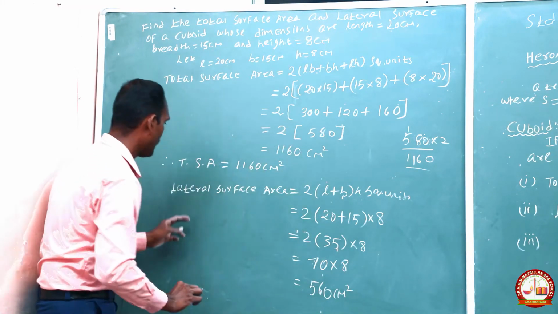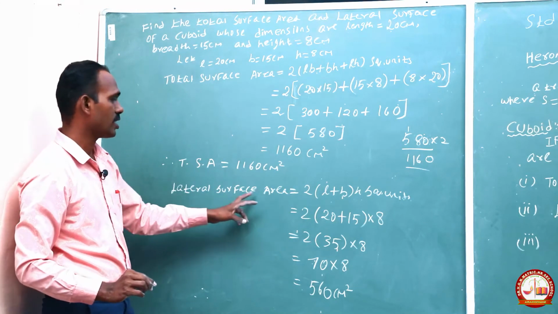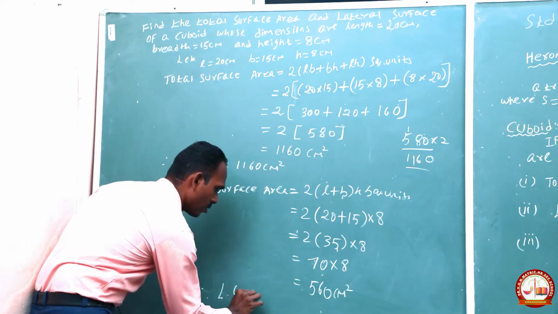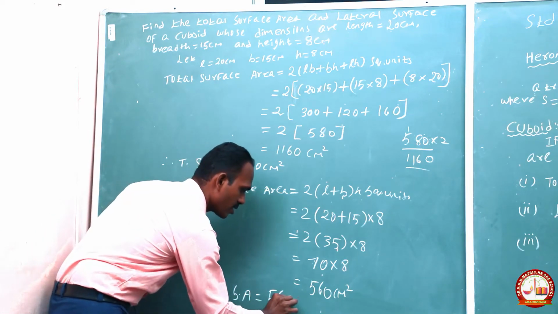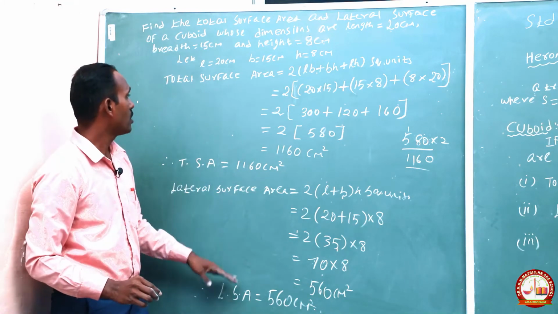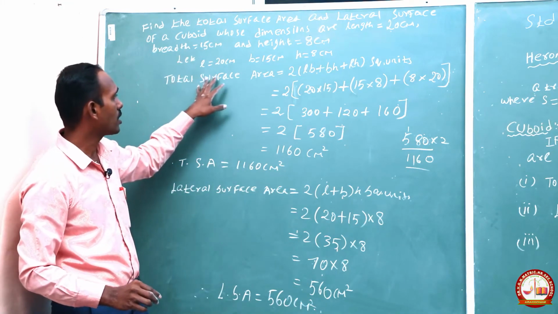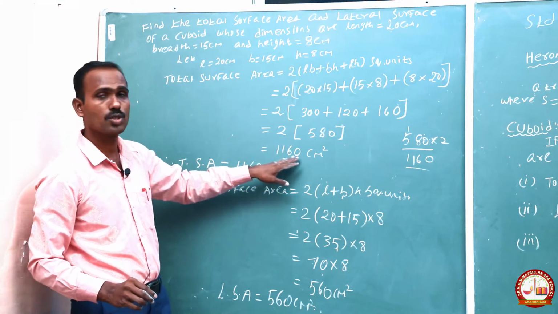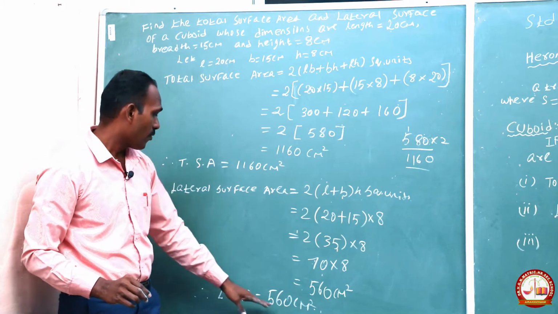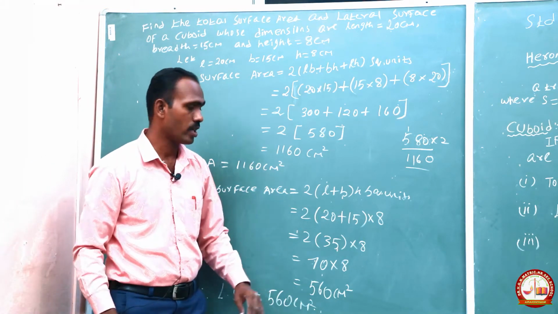Therefore LSA, lateral surface area, shortly we will write as LSA equal to 560 centimeter square. This is the answer. So total surface area, the answer is 1160 centimeter square. Lateral surface area, the answer is 560 centimeter square.